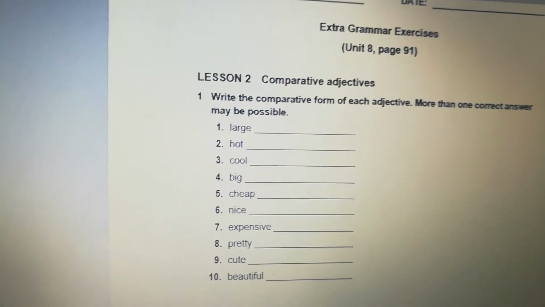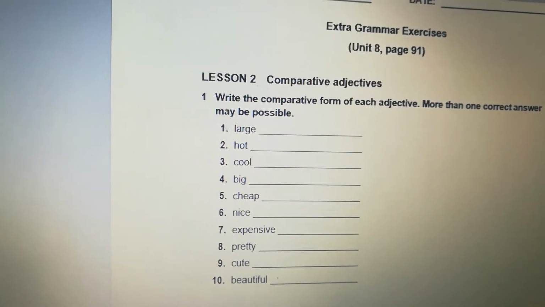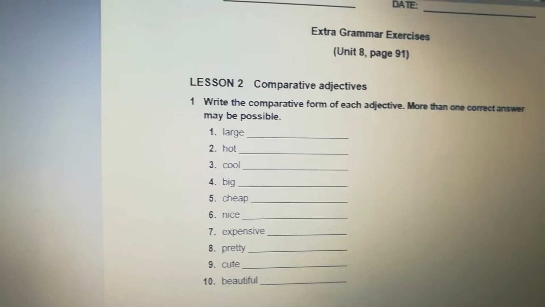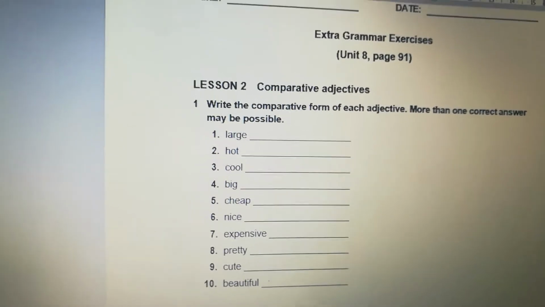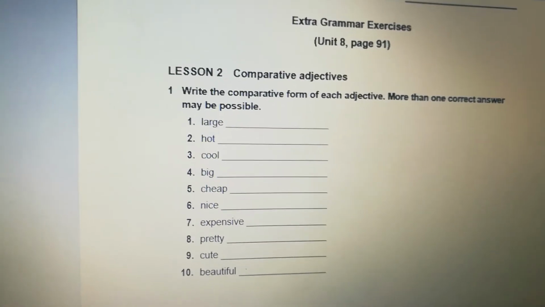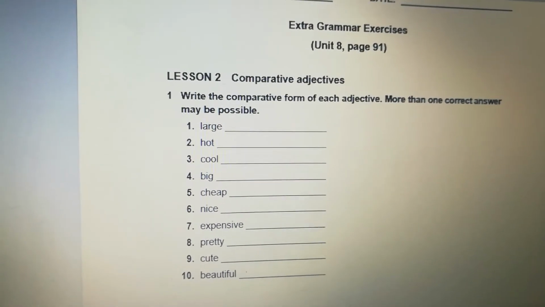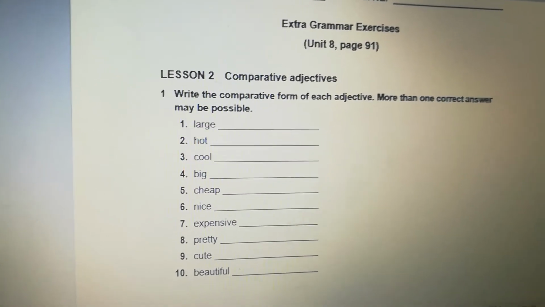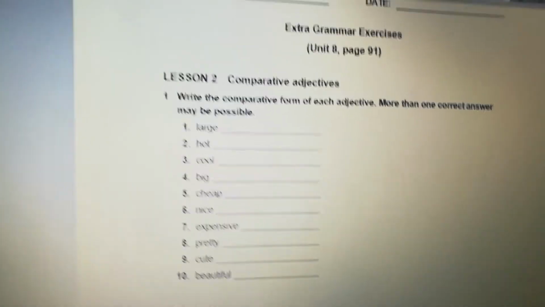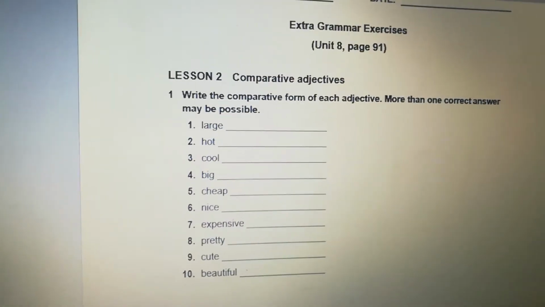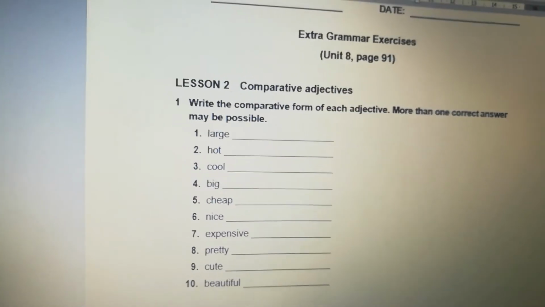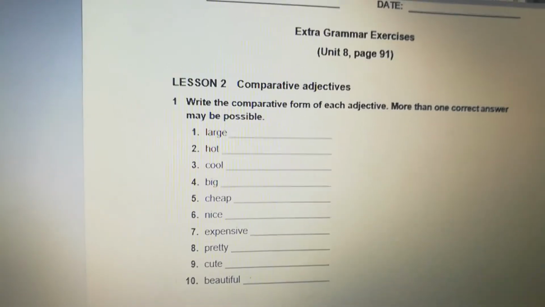So what happens? You need to add R at the end of the word. So the comparative form for large is larger. Okay, larger. In hot, is it short or long? It's short, right? Because it only has 1 syllable. So hot.